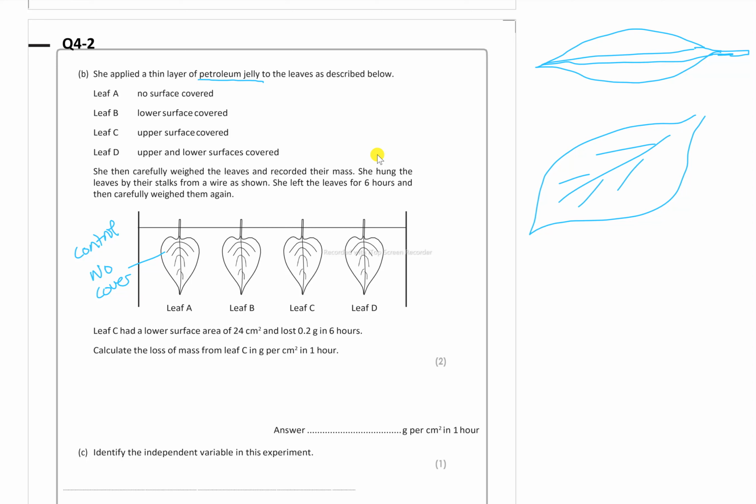Right, what you've got is the top has no stomata or no guard cells. And underneath you have guard cells.